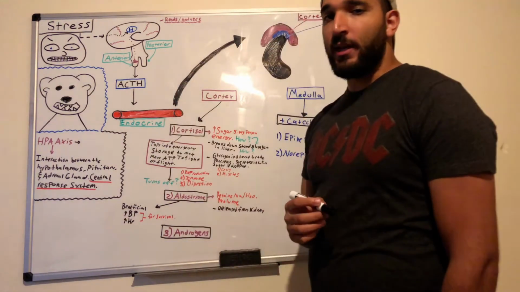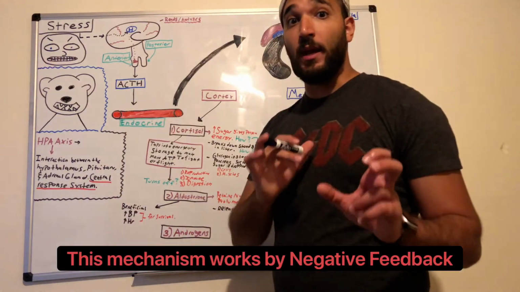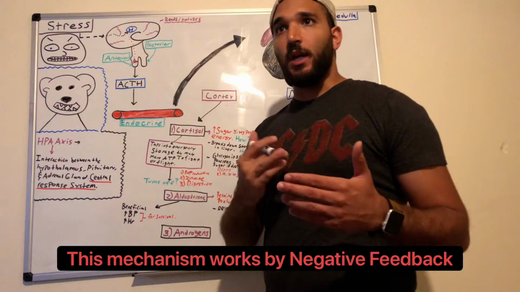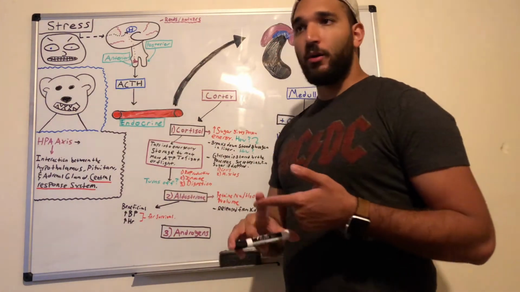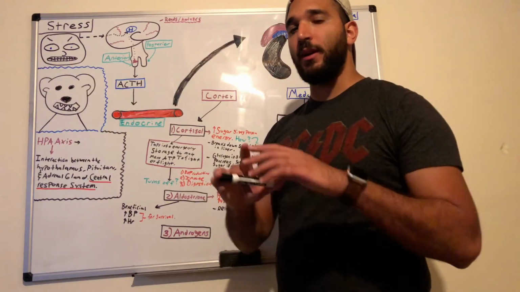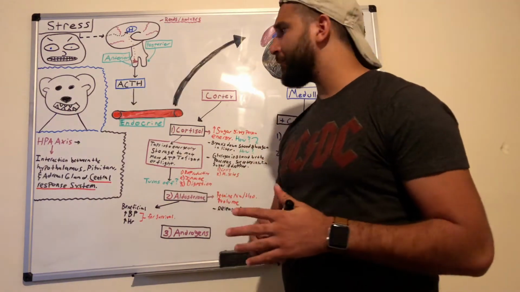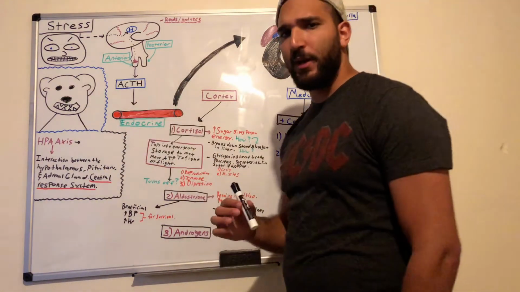This hormone is then going to be sent into your bloodstream with the use of the endocrine system. There are different types of systems such as the paracrine and autocrine. Autocrine is when the signal acts on itself, and paracrine is sent to a nearby receptor. But for the sake of this video, we're going to talk about the endocrine response.